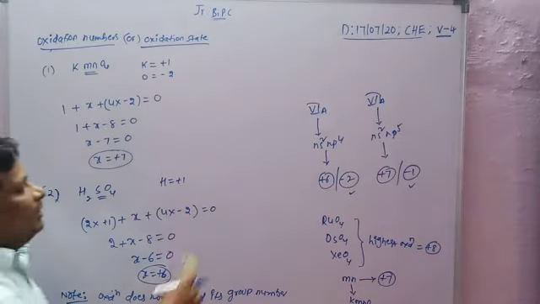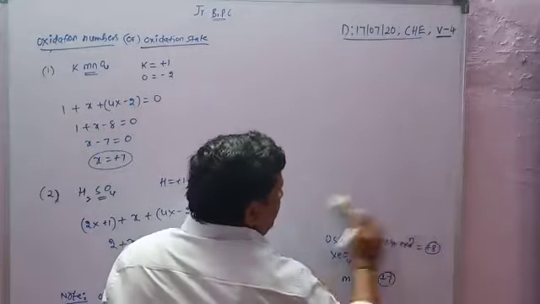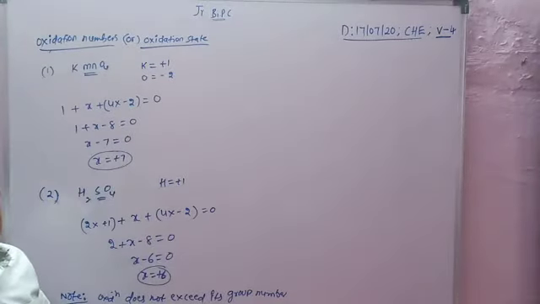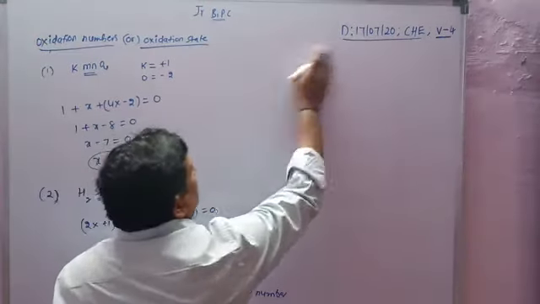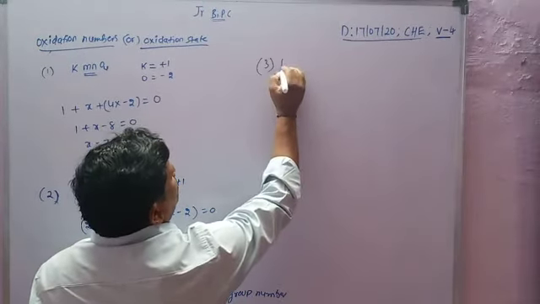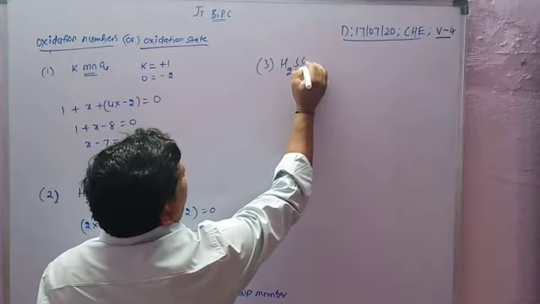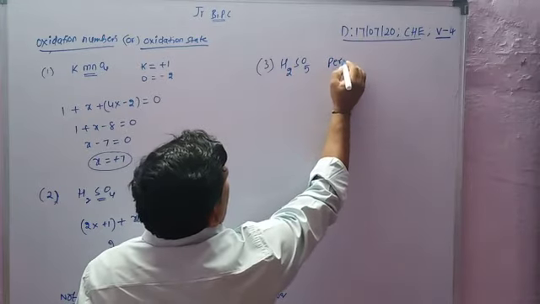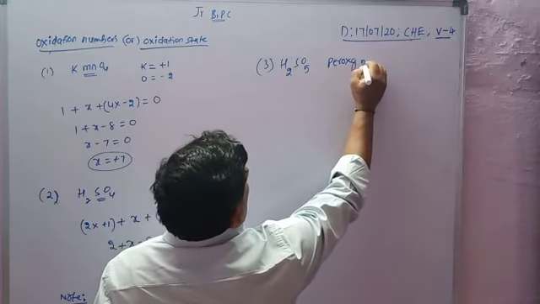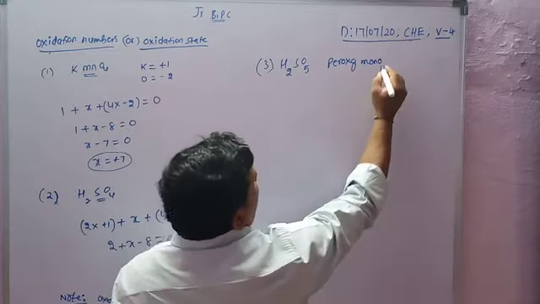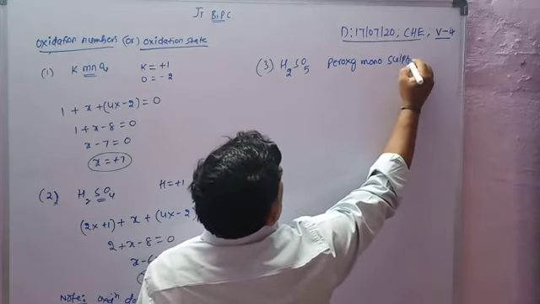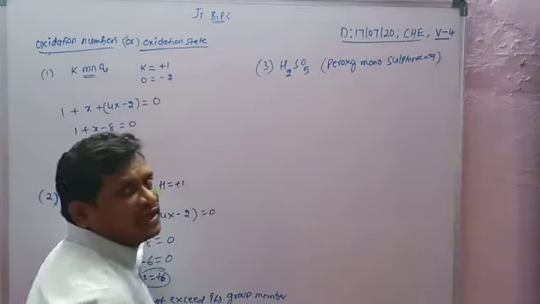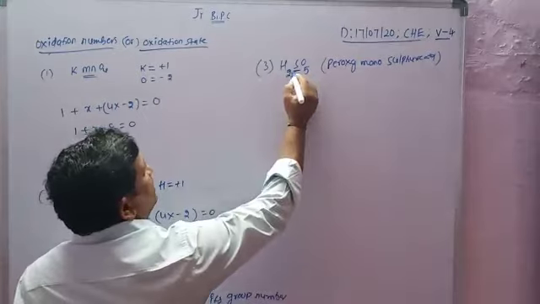If peroxides are present, the oxygen oxidation number is taken as -1. For example, consider H2SO5, peroxymonosulfuric acid, also known as Caro's acid. How to find the oxidation number of sulfur?